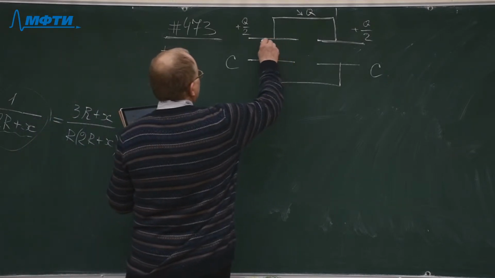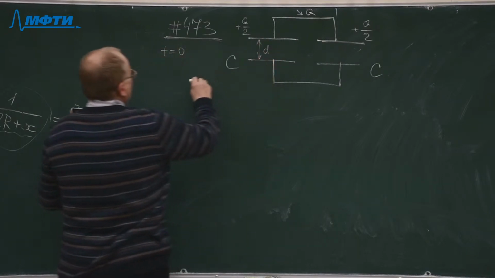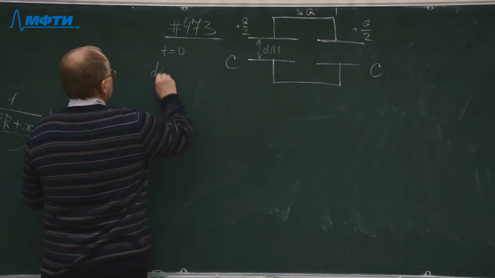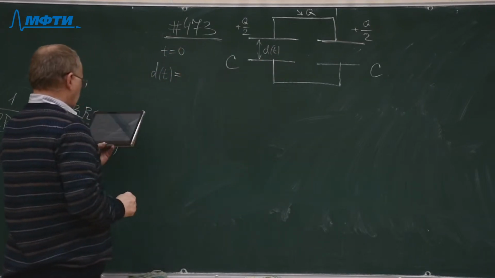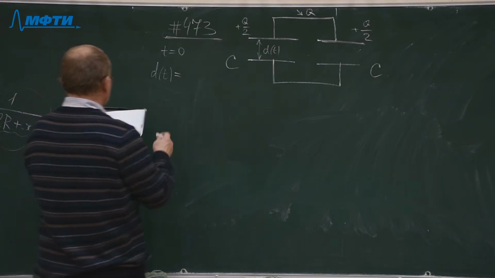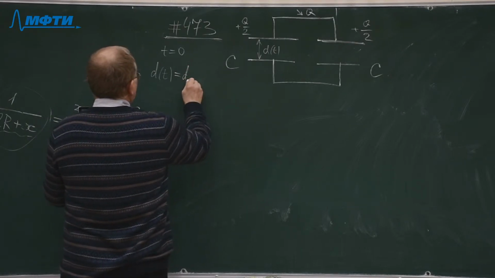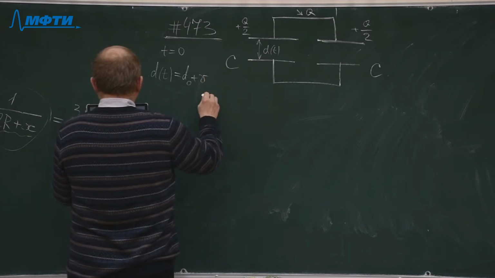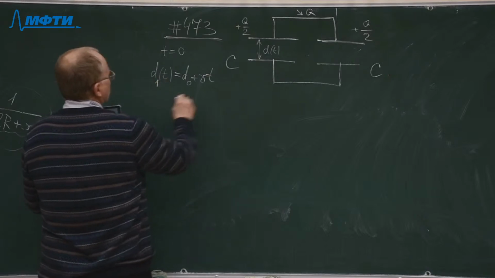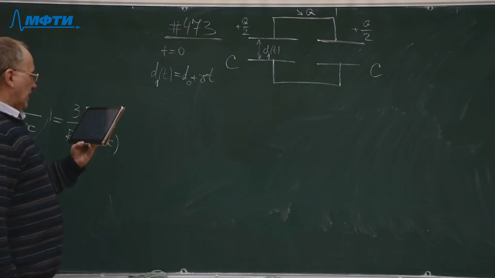So we have the distance between the plates, and the distance turns out to be a function of time, and as a function of time, it begins to increase uniformly according to the law d0 plus vt. So this is the distance d between the plates of the first capacitor.